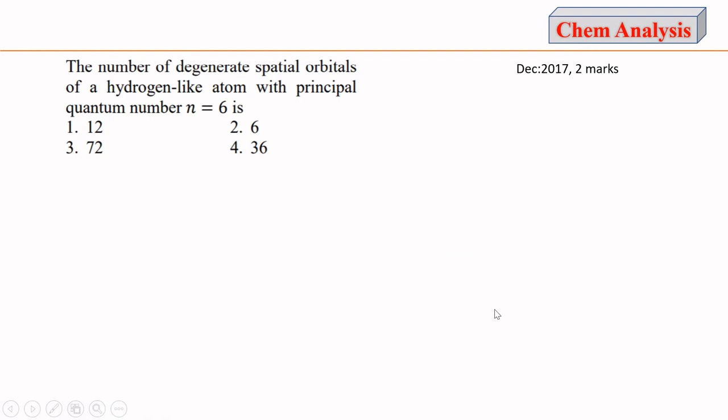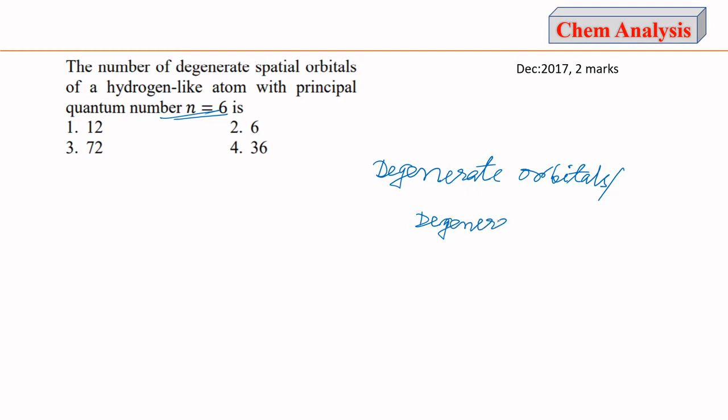Now this is a problem related to a hydrogen like atom, and here we have to identify the number of degenerate spatial orbitals of a hydrogen like atom with principal quantum number n equal to 6. It is a very easy question. For a hydrogen like atom, the number of degenerate orbitals, that is the degeneracy for a given principal quantum number, will be equal to n square.